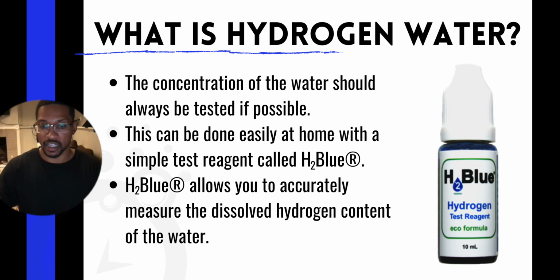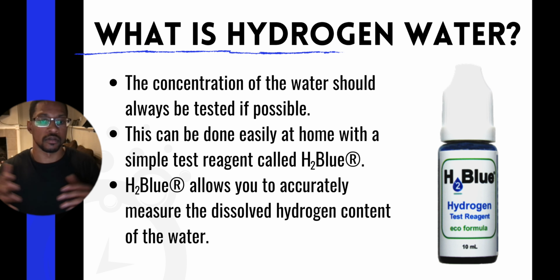Remember, companies can claim whatever they want about their hydrogen water products. If you're not confirming it, then you absolutely don't know the concentration you're getting. Just because they say they're going to provide 2 ppm or 1.6 milligrams per liter of hydrogen gas dissolved into your water doesn't mean that it actually is going to be that. So you need to confirm it.